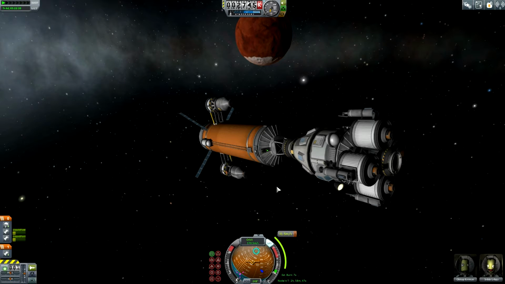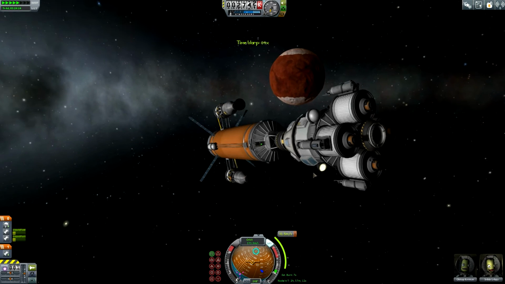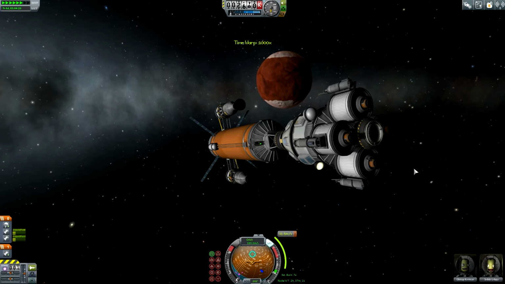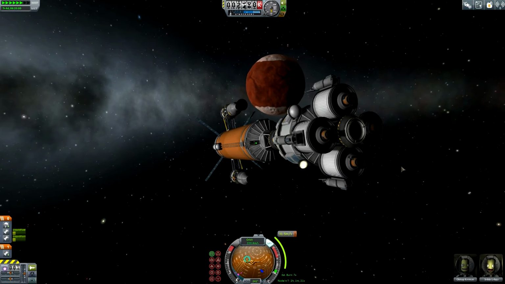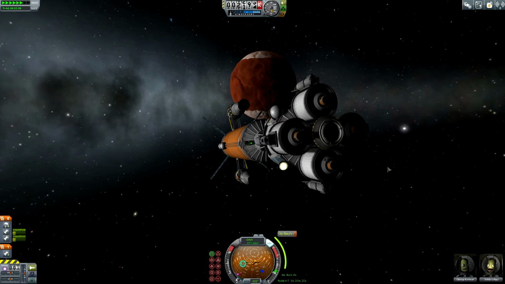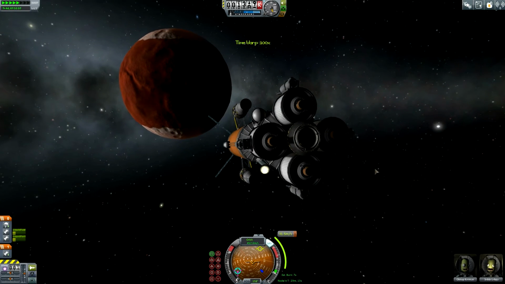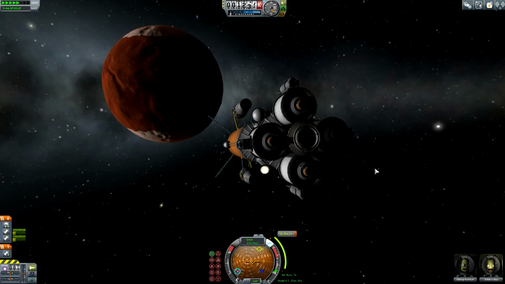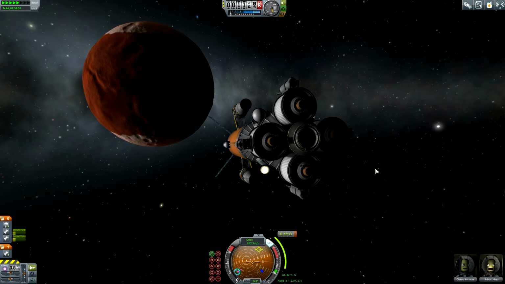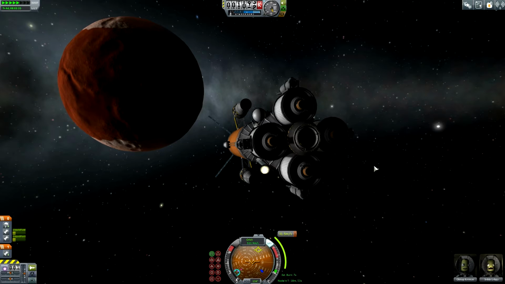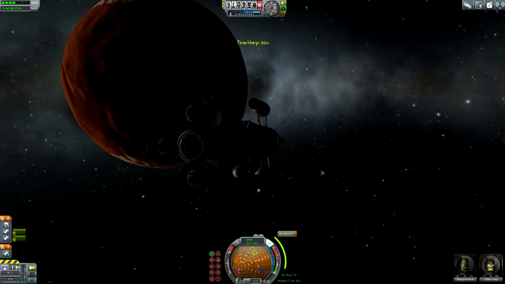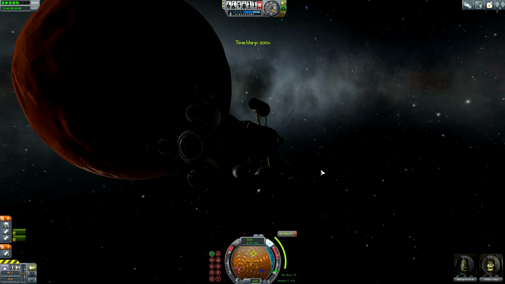Okay, our inclination change is coming up in about 3 hours. So we can now perform our time warp as we are now returning back to Duna. Very cool. Okay, getting closer to our maneuver. Easy.